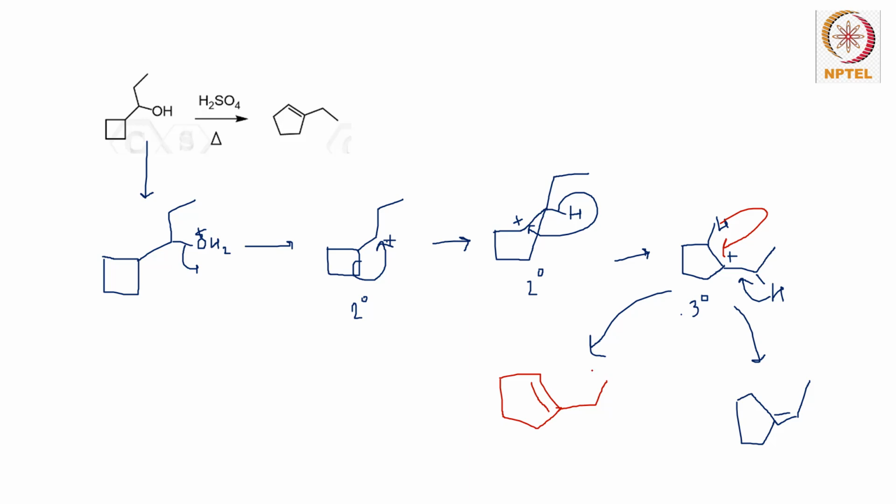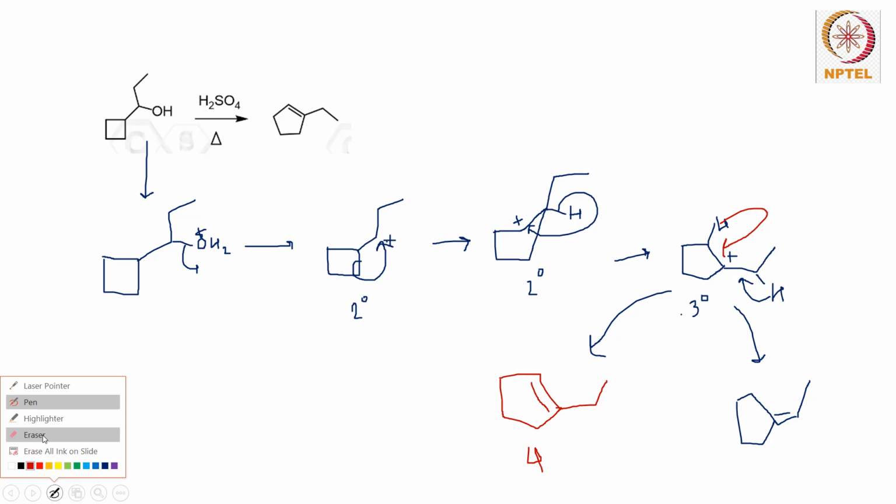Now how many alpha hydrogens does this have? 2. So it will be 4. But here the number of alpha hydrogens is different. Sorry, so the highest rate will be 3.